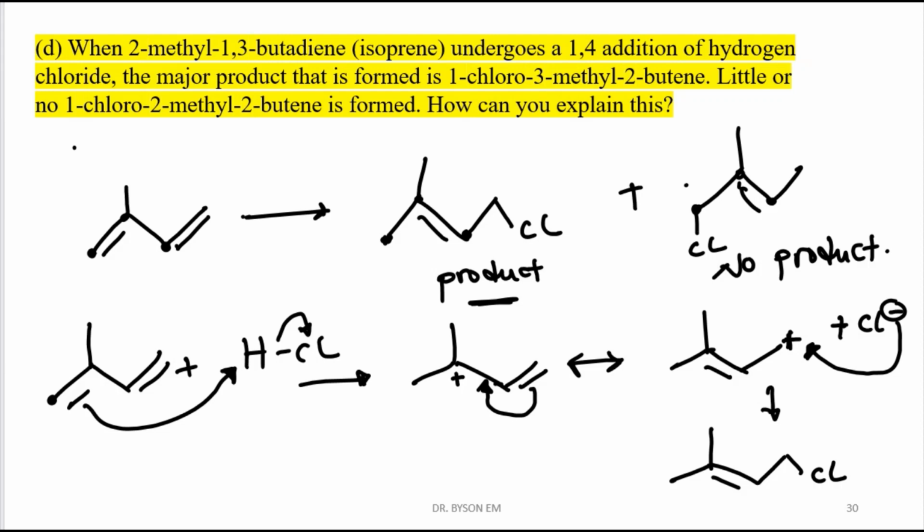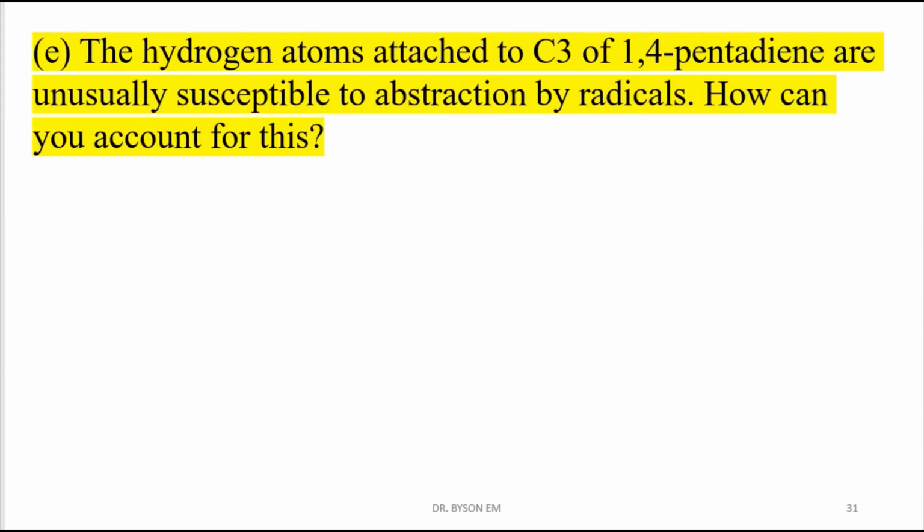There's no way chlorine will come and attach here. So there's nothing in the resonance between these two, this and this. There's nowhere where chlorine is going to attach at this carbon here. So there's no hybrid in the resonance where this can form. That's why it is not formed.